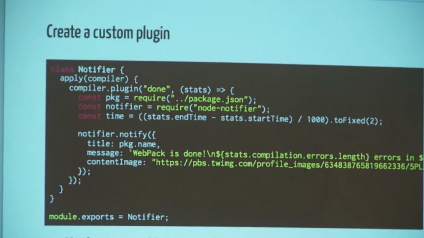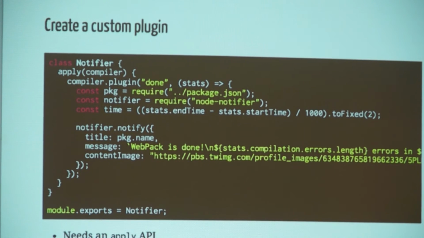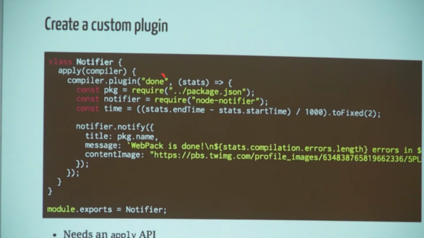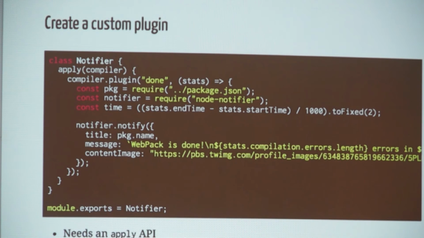There's done, there's compile, there's pre-whatevers, there's like thousands of events you can listen to. But the one I care about is when my build is done, so that I can post a growl notification to the screen and know that I can go look at my page now. Because it sometimes takes, it doesn't take long. I guess I'm being kind of unfair.